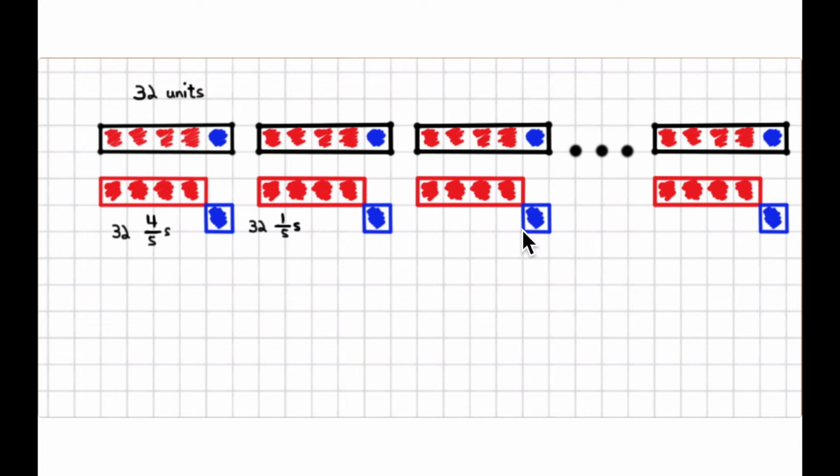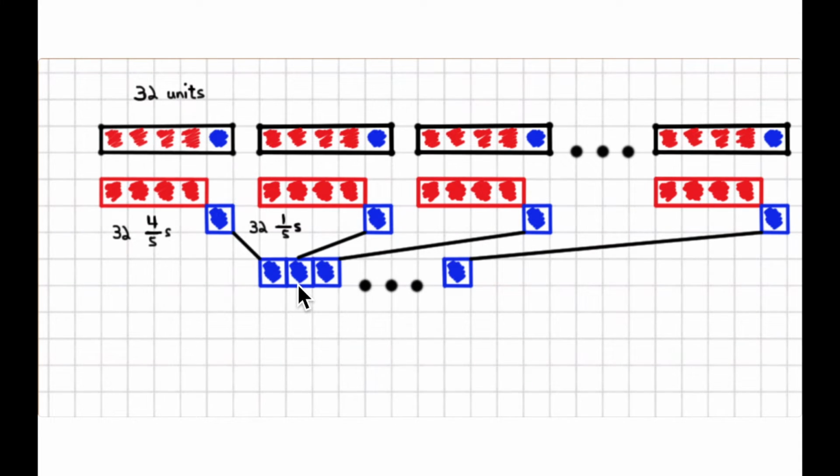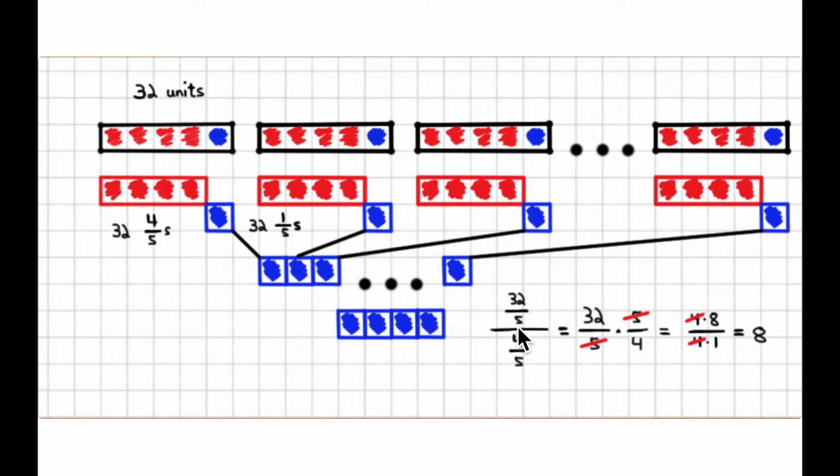So if I collect all of those 1/5 together, I'm going to now divide those 32 1/5 by 4/5. So how many 4/5 can I get out of 32 fifths? So I have 32 fifths. I've lined them all up, and I'm going to take out 4/5 at a time. So how many of these 4/5 can I get out?